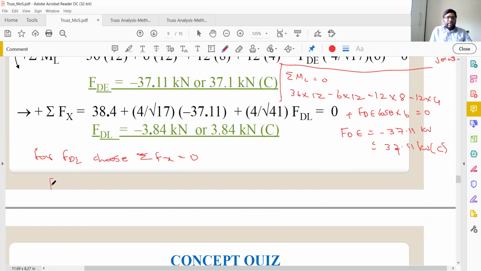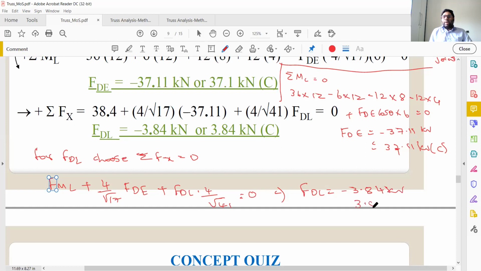I will write FML plus 4 by root 17, that is horizontal value, into FDE plus FDL into 4 by root 41 is equal to 0. That implies FDL is equal to minus 3.84 kilonewton, or 3.84 kilonewton compression.